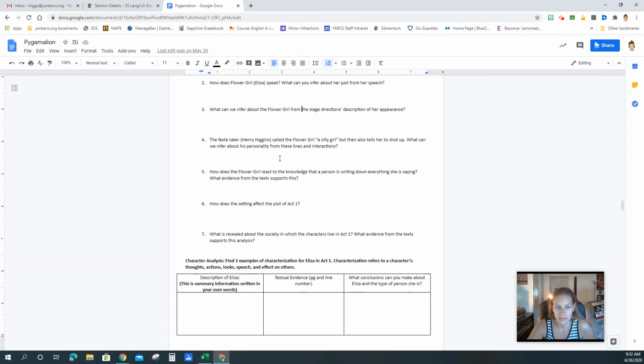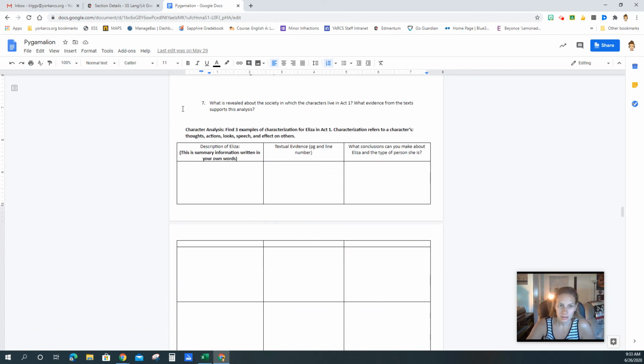And then in this, we're going to do character analysis, which is examples of characterization of Eliza from Act 1. So remember that characterization includes the way that Eliza speaks, the way she looks, how she acts, how she affects others, and how others treat her.